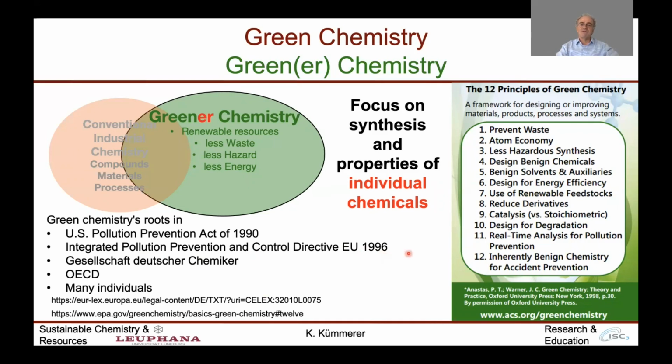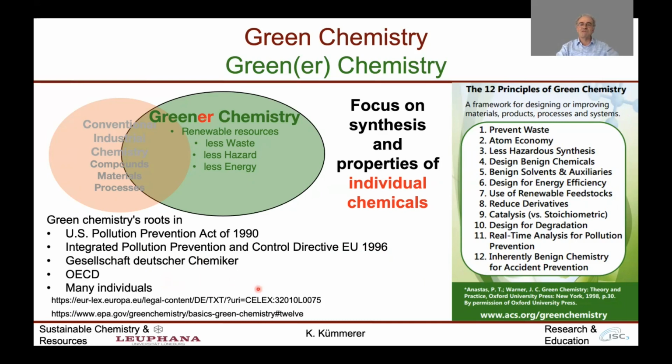So the 12 principles of green chemistry, their merit is summarizing the things and getting more attention over time also in academia. By the way, also Gesellschaft Deutscher Chemiker was involved at this time, or the OECD, but also many, many individuals.